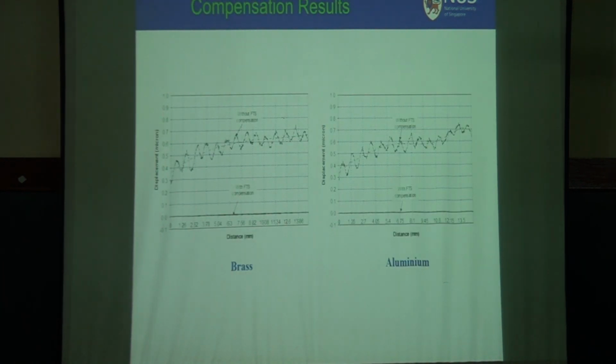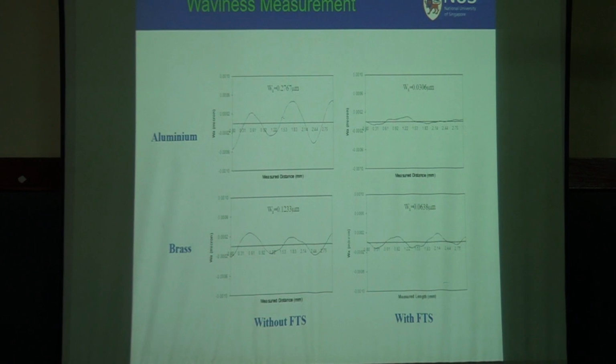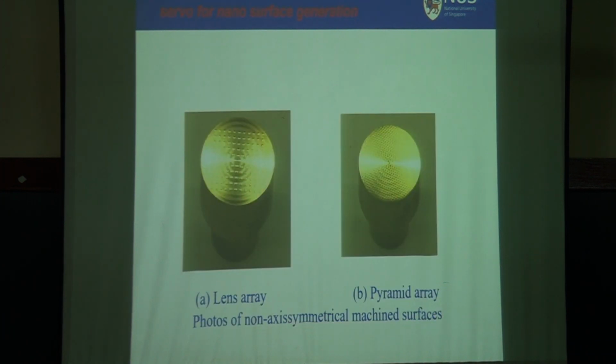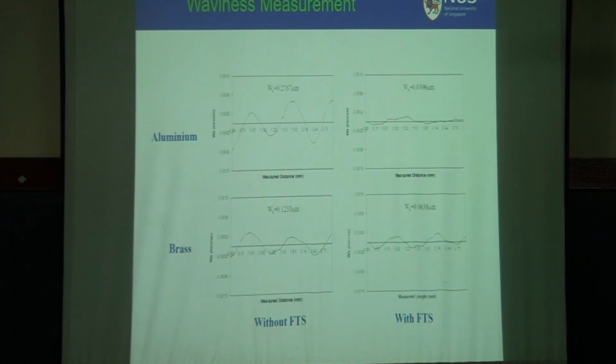And when we machine two materials, brass and aluminum, we get this error. And waviness, straightness, all can be measured. So when we measure, we can measure the straightness, and the fast tool servo has servo control, and it measures the surface roughness. The second graph was actually surface roughness.